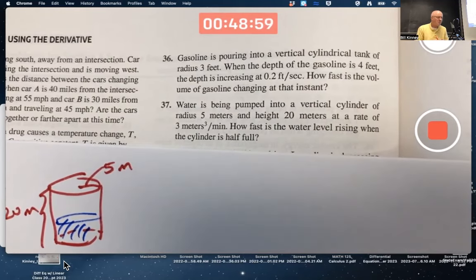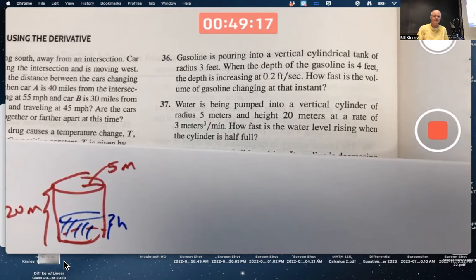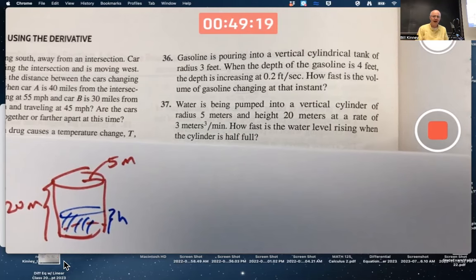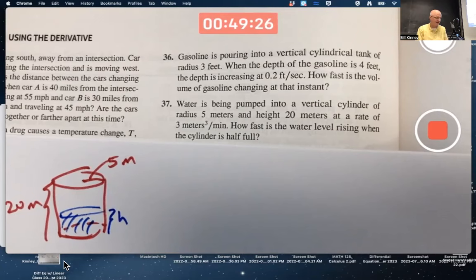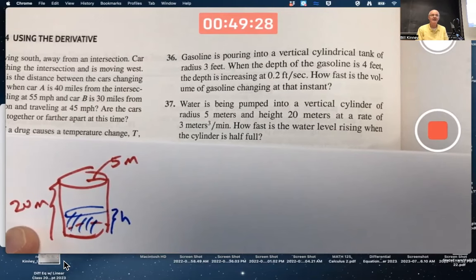Do we need to know that it's 20 meters? Maybe, maybe not. It's not clear yet. The water level height we could call h. That does change over time because water's flowing into it. How fast is that level rising? What is dH/dt when the cylinder is half full, when h is 10? The total height is 20, half full would be 10 meters in height.